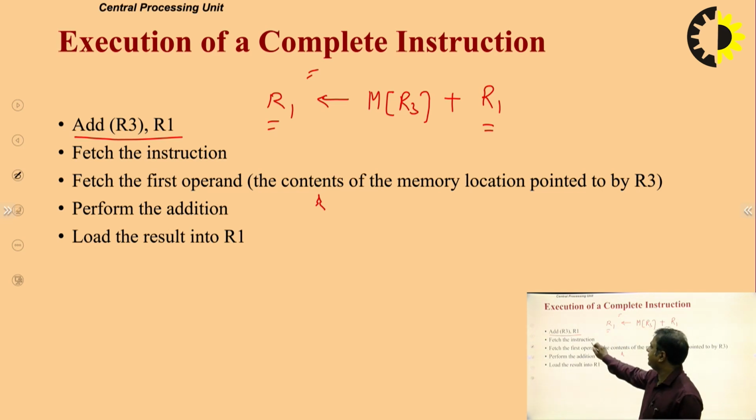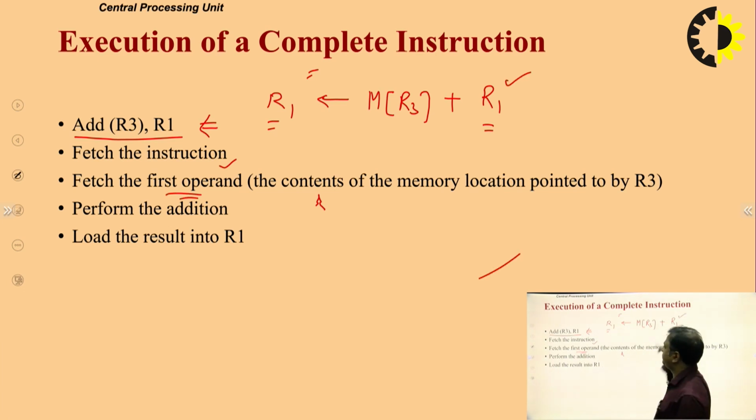So first step, fetch the instruction. Second, fetch the first operand, the contents of the memory location pointed to by R3. This is my first operand.